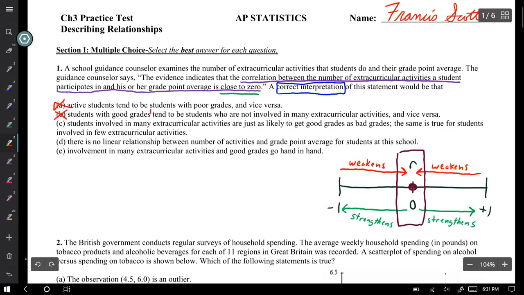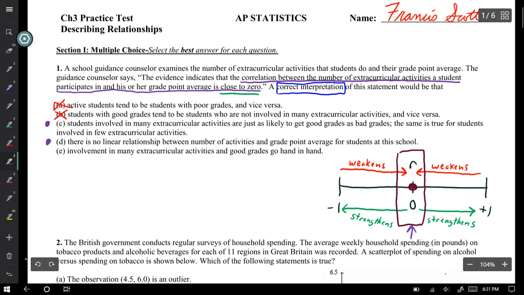Students involved in many extracurricular activities are just as likely to get good grades as bad grades. So it's saying it doesn't matter. That's an interesting one. I'm going to put a little dot next to it so I can read it in more depth after I try to eliminate more. There is no linear relationship between the number of activities and grade point average for students at this school. Well, that looks like a reasonable choice to keep.